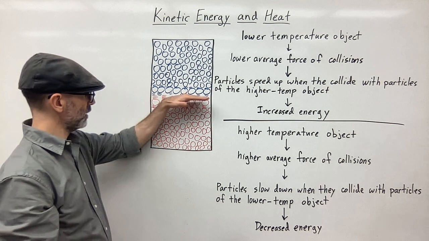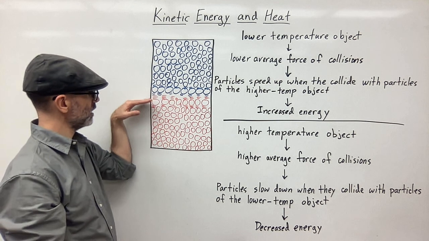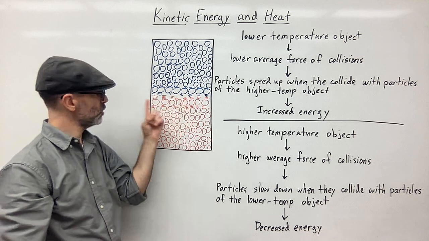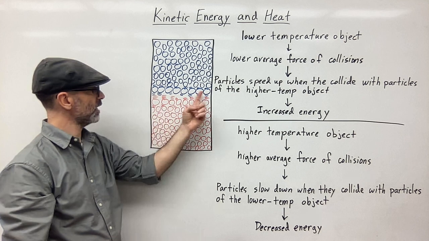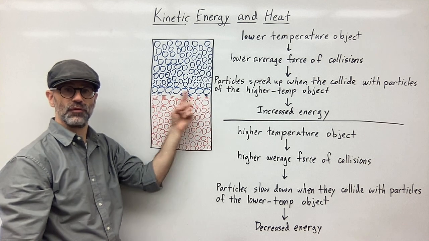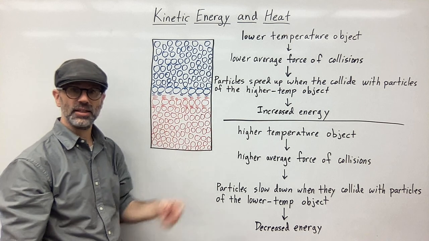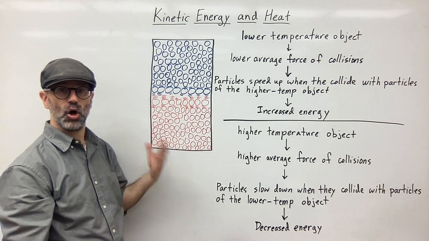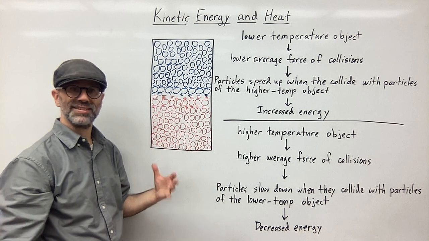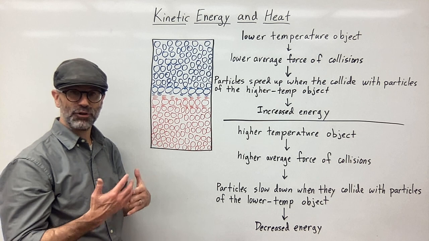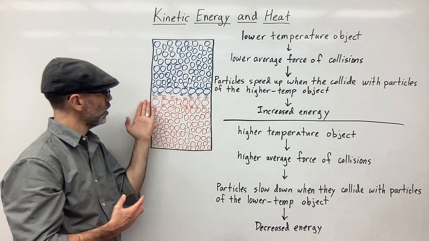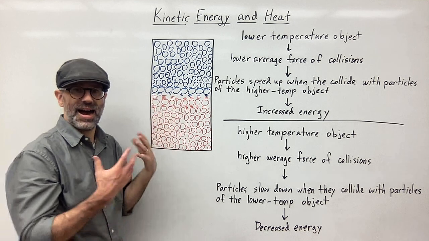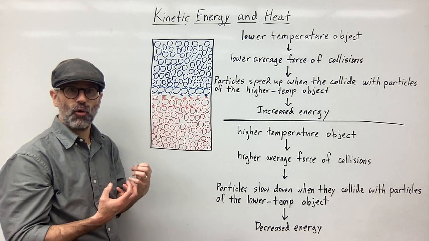But when they come into contact with each other, the surface particles of the hotter object are going to collide up against the surface particles of the colder object. And so what happens is that the lower temperature object is going to have a lower average force of collision, right? So they're going to collide with the hotter object that has a higher average force of collision.